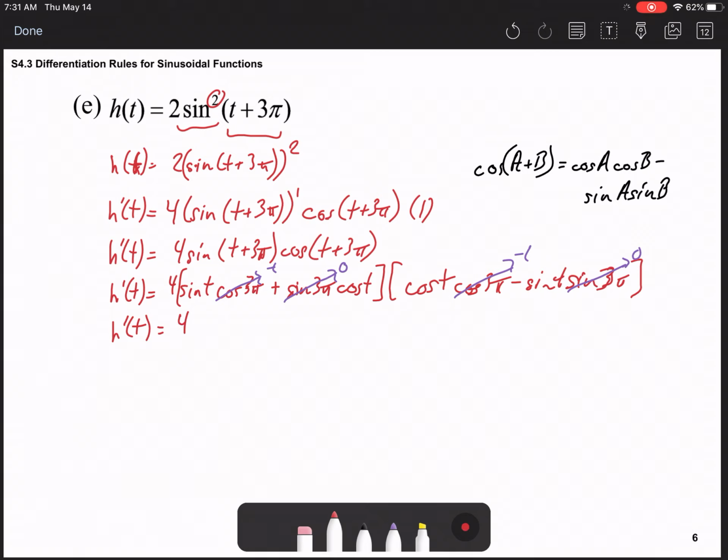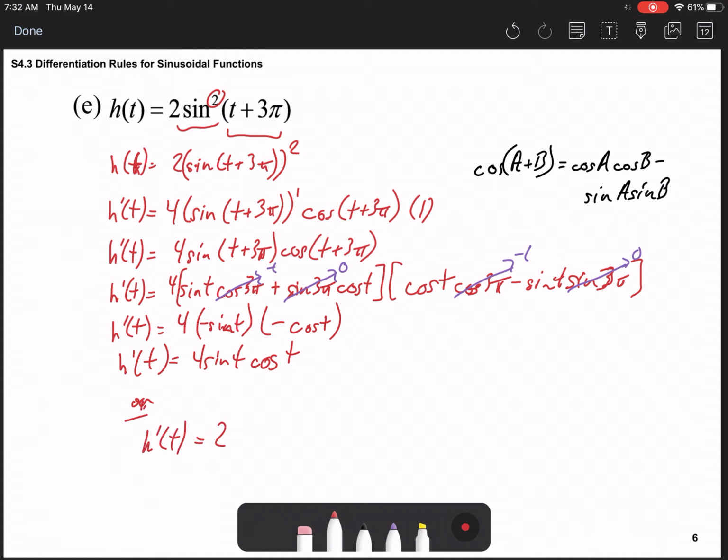So this turns out to be 4 negative sine t times negative cosine t, which can be written as just 4 sine t cosine t, or if you wish, you can also write it like 2 sine 2t. Because 2 sine t cosine t is a double angle formula for sine 2t. And there we go. Thus concludes our lesson.